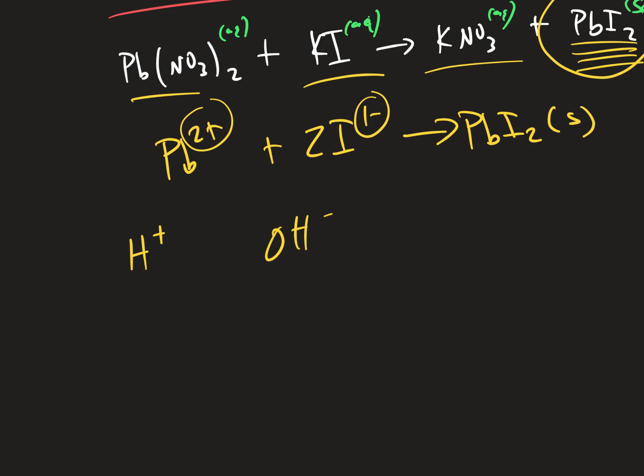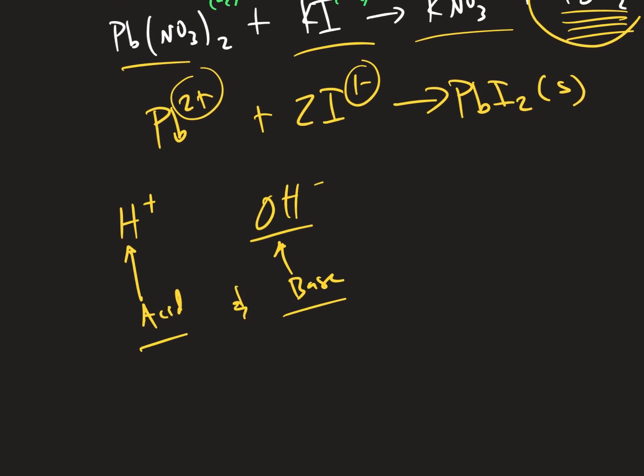H plus is what? This is the acid. Remember when we talked about naming acids? Has an H plus, the H is the cation. And if it has an OH minus, a hydroxide as the anion, that's a base. And if it has both an acid and a base, then it's an acid-base reaction. So they're acid-base, precipitation, and redox, oxidation-reduction reaction.